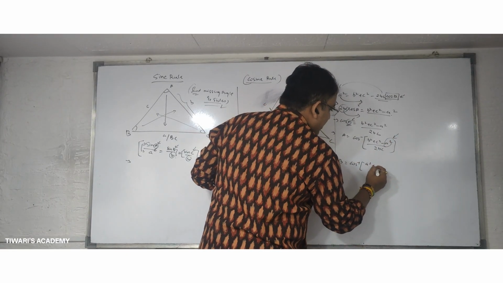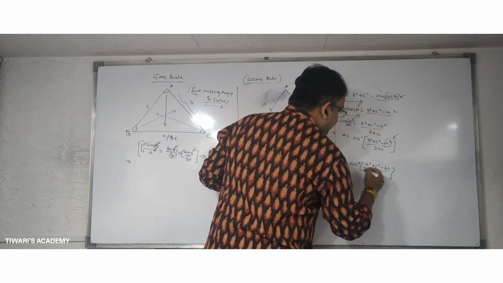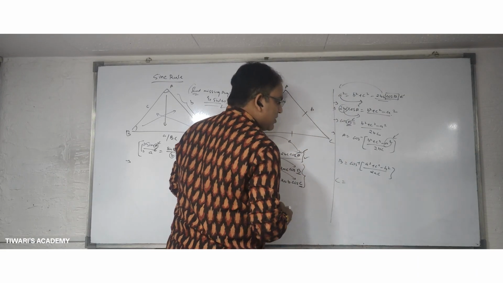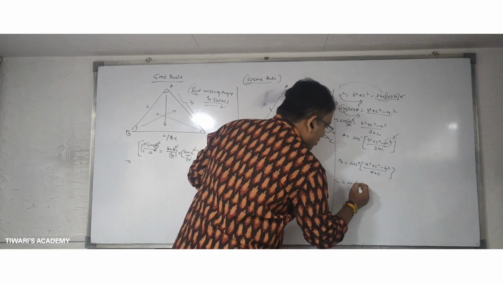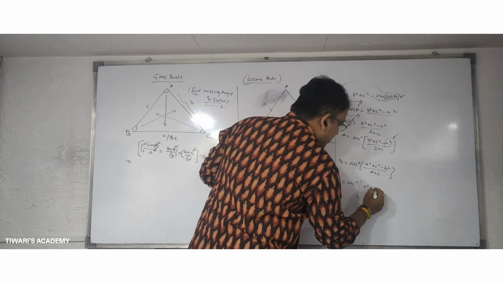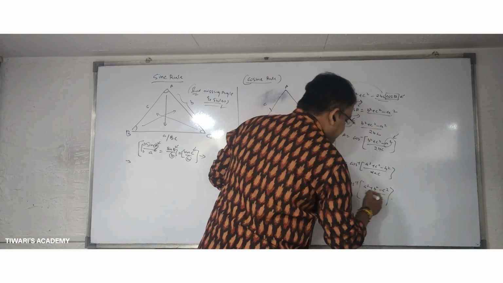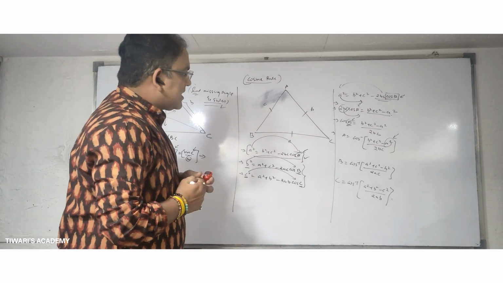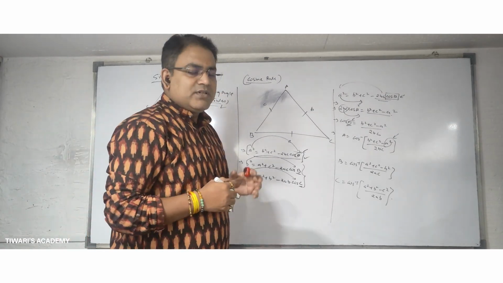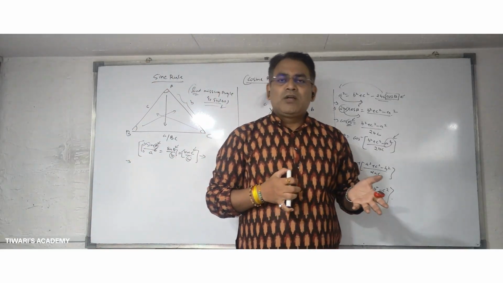So I will get A square plus C square minus B square upon 2AC. And for angle C, cos inverse of, now C will come here: A square plus B square minus C square upon 2AB. Okay, so these are the rules which we need to remember while solving sine rule and cosine rule.